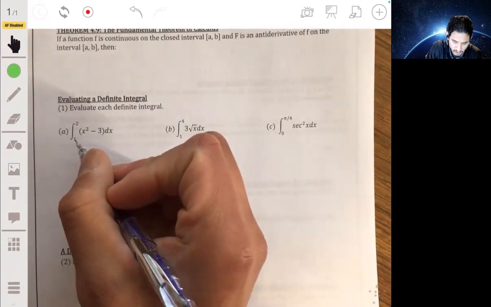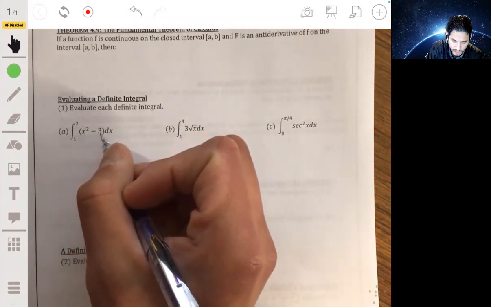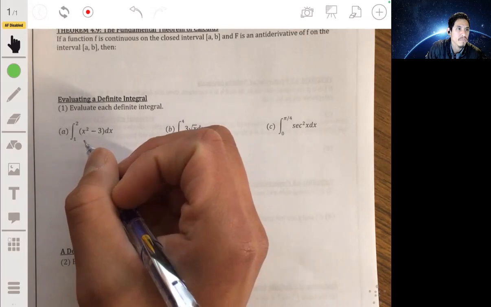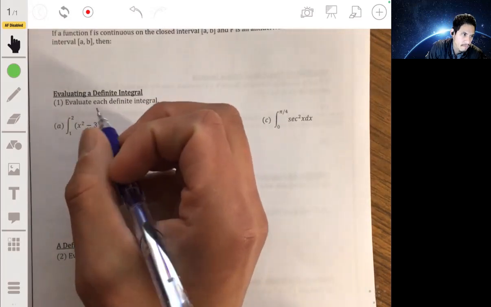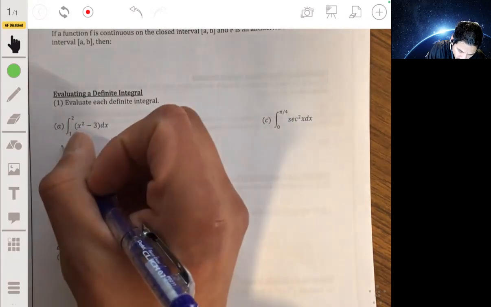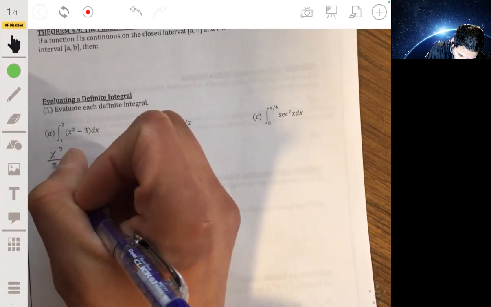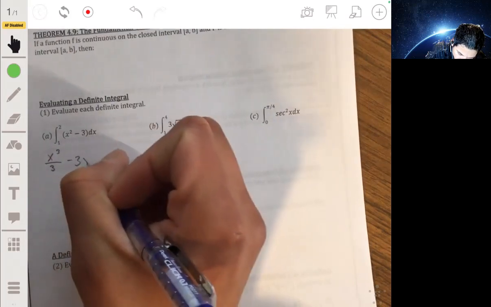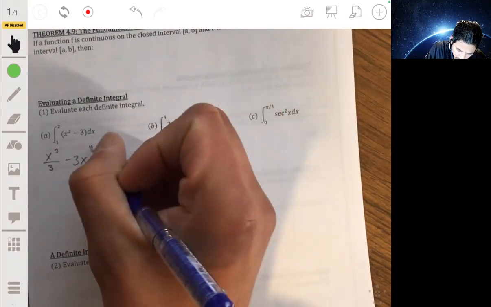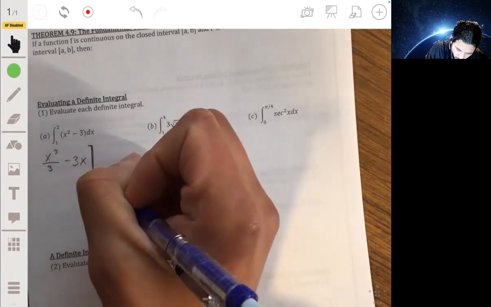The first one we have is the function x squared minus 3, or not the function, but the integrand. So let's find the antiderivative of x squared minus 3, which will be x cubed over 3 minus 3x. And the notation we like to use is doing a one-sided bracket from 1 to 2.